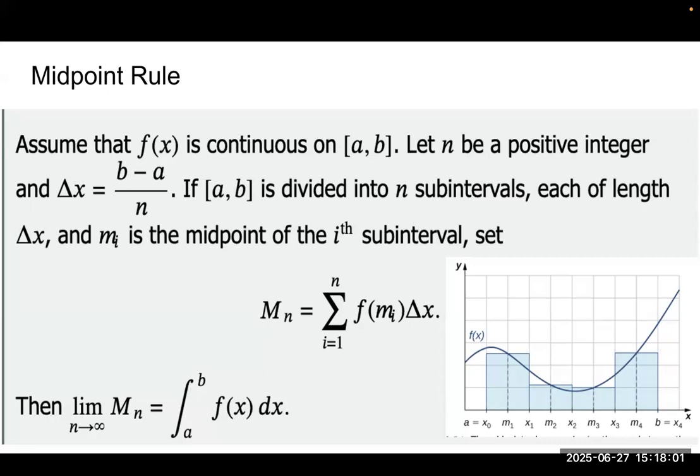It doesn't really matter where you choose. This is also called the rectangular rule in numerical integration. You are provided those point values, and the area of a rectangle is length into breadth into height. That's right. If this is your height, this will be your breadth.